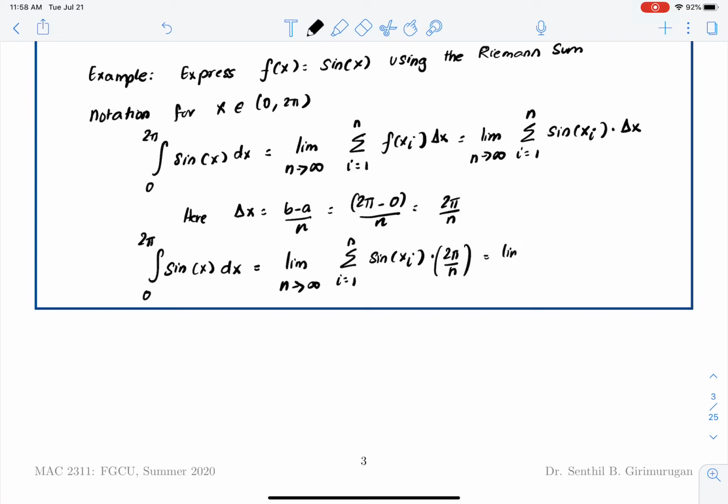So that would equal the limit as n approaches infinity of 2 pi over n times the sum i equals 1 to n of sine xi. So that is the definite integral that we're looking for, and that is the corresponding Riemann sum that would give us the exact value of the integral. By all means, that is going to give us the area under the curve.